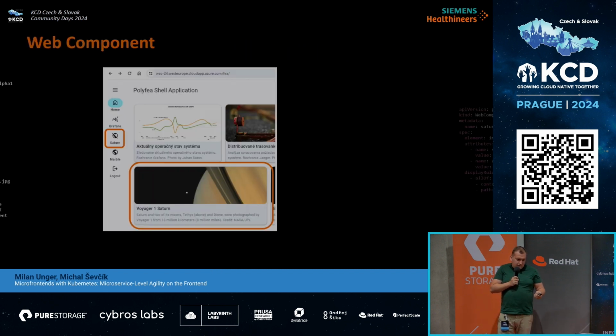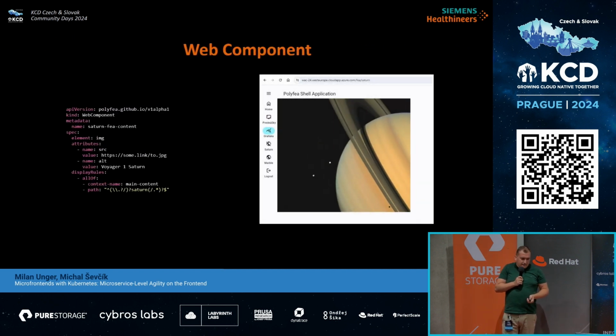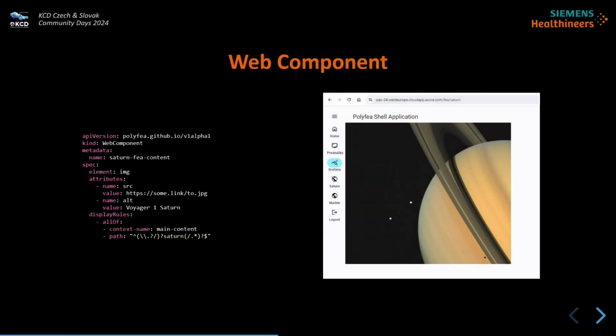Yeah, and again, maybe one slide back, there is this href that says what should happen when I click on this tile or on this icon on the left. And it will redirect you to a different URL, basically. And here is another example of web component where you specify the display rules that the path need to match the Saturn path, and then it will load an image.